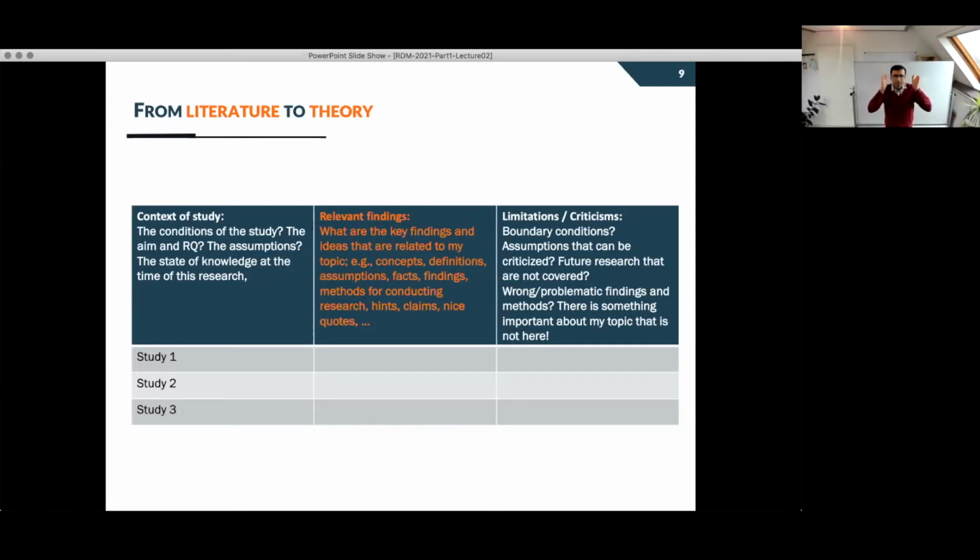When you read the paper, the second column is everything that is written in that paper, which can be potentially some useful input for your thesis. What are the different things that you can get from the papers, from the literature, and bring into the second column?